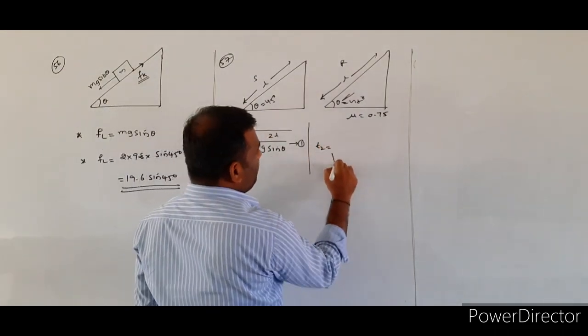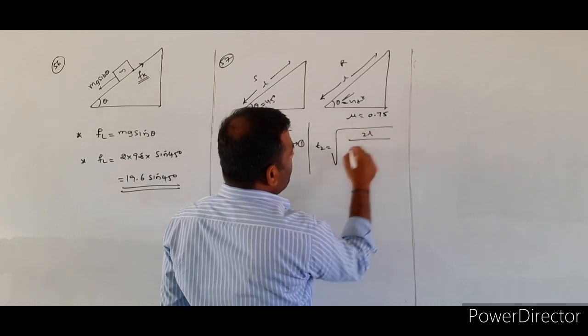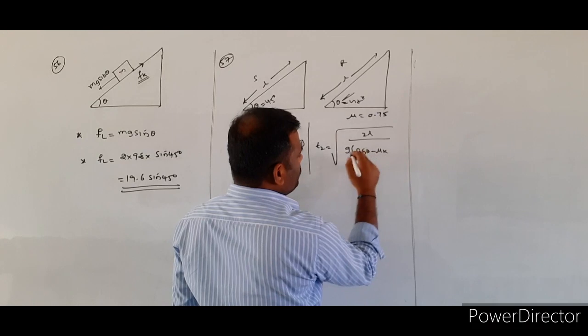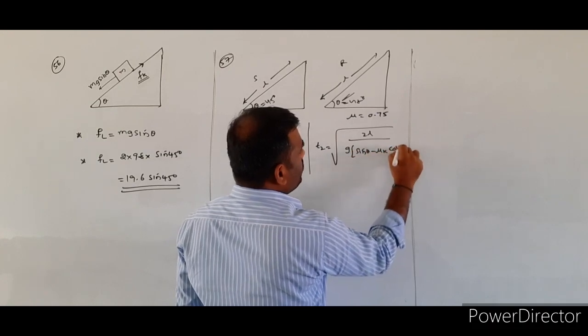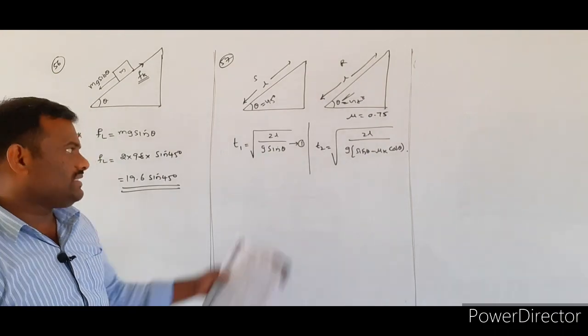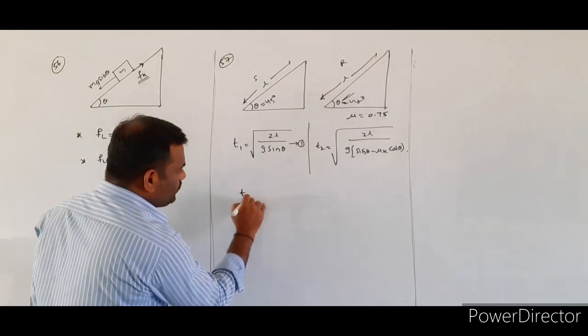For the rough inclined plane, the formula becomes 2L by G into sin theta minus mu k cos theta. These are the formulas for T1 and T2 respectively. They are asking for their ratio.